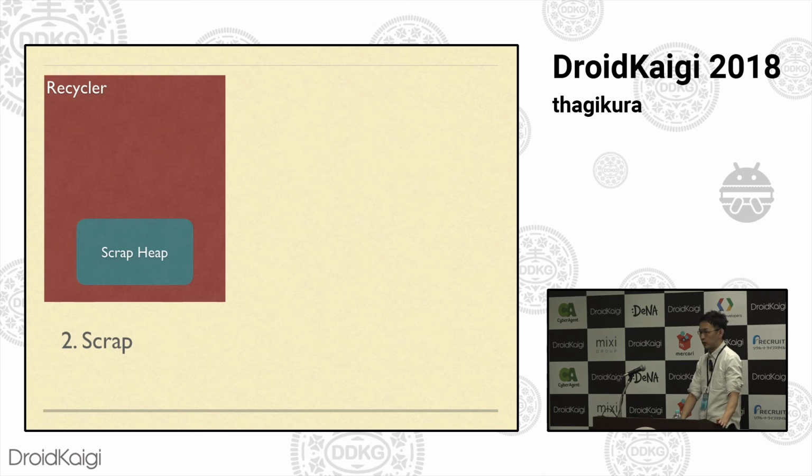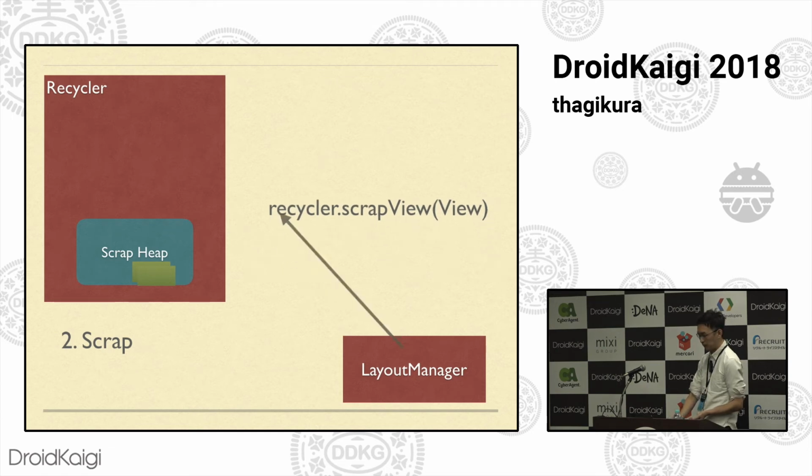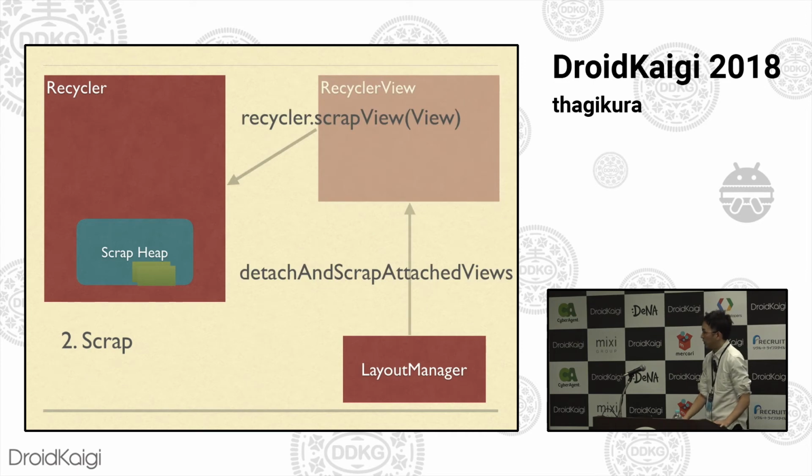Okay, the second one is called scrap. This is considered a more lightweight cache. You scrap a view from the layout manager, but actually that method is package private, so you probably need to call the methods detachAndScrapAttachedViews to scrap the views.